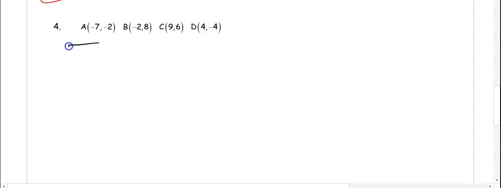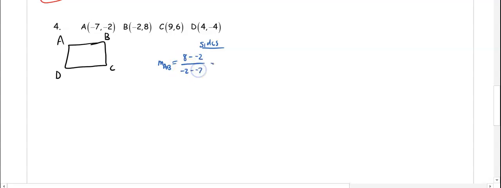In number 4, we have a quadrilateral A, B, C, and D. So we want to find the slopes of the sides first. We have a slope of AB, 8 minus -2 over -2 minus -7, which gets us 10/5, which reduces to 2.